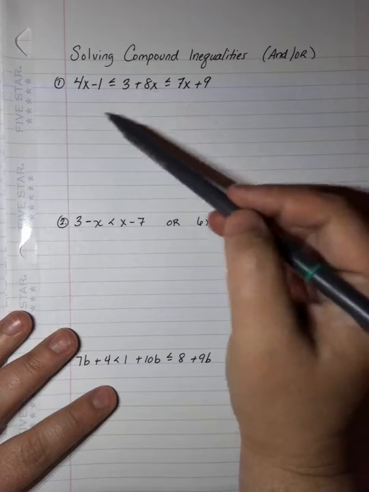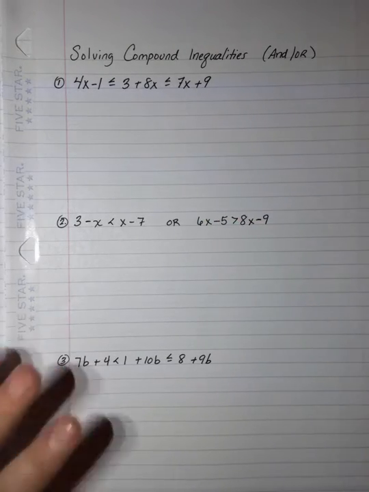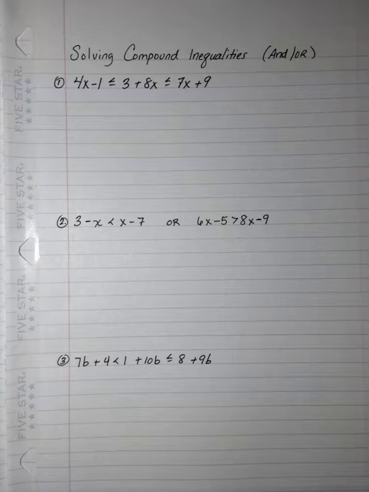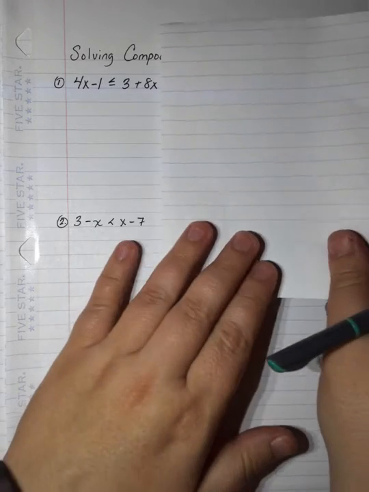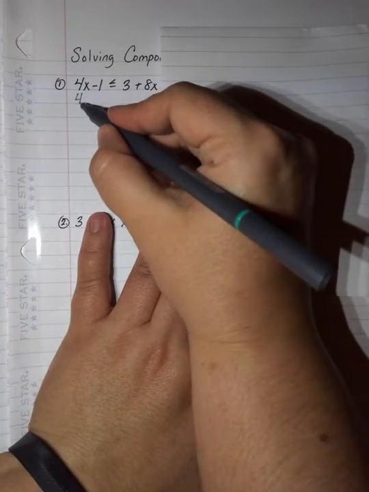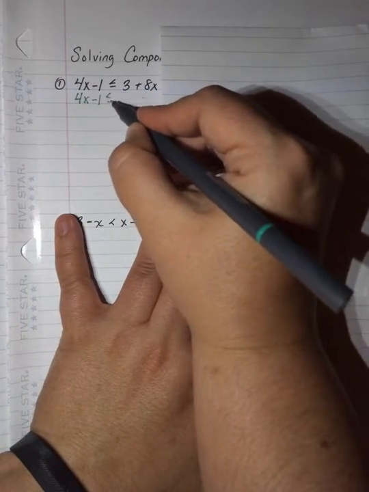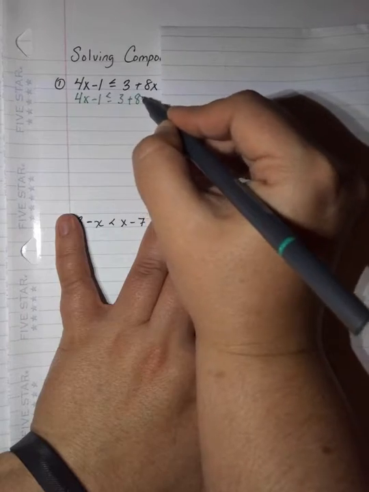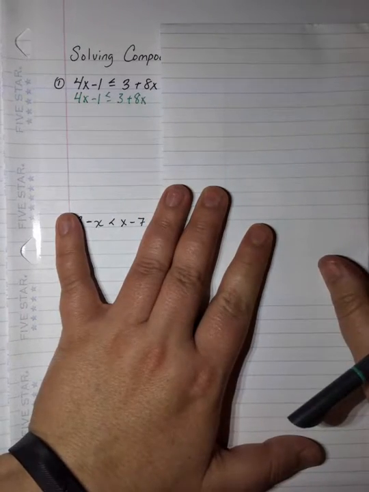Now, at first you might get kind of freaked out by having two symbols or two signs. It's pretty easy. Basically, all you got to do is hide part of it. So I want to hide this sign right here. When you hide that, notice how you get this inequality right there.